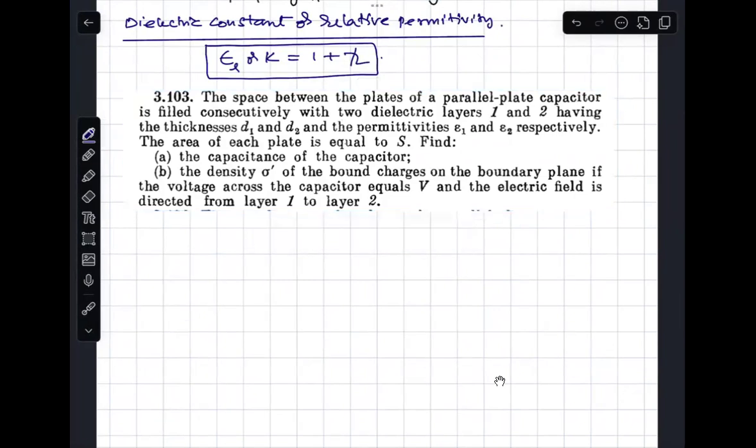Try this question. Permittivities epsilon 1 and epsilon 2 mean you can convert that to dielectric constants in our language. No issues. What is the capacitance of the capacitor?